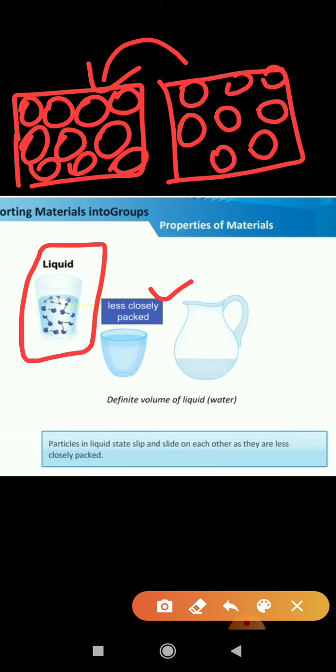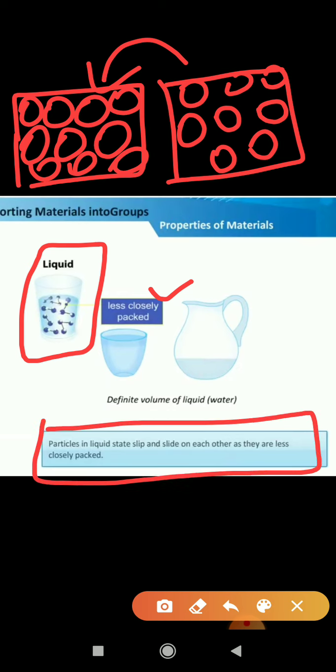Particles in liquid state slip and slide on each other as they are less closely packed. So you can observe these diagrams. This one is of solid state and this one is of liquid state. Because the particles are less closely packed, they flow on the ground, and it does not have its particular shape.